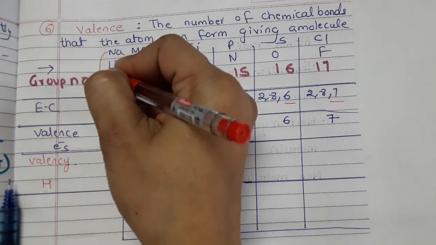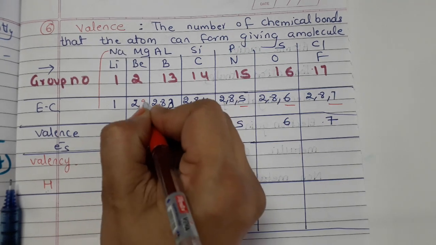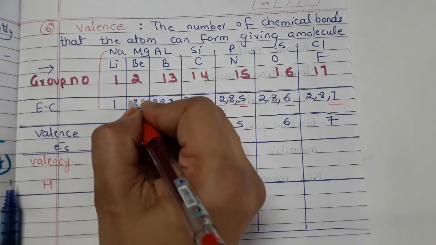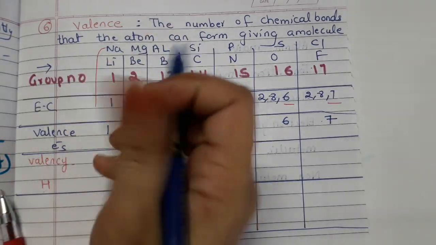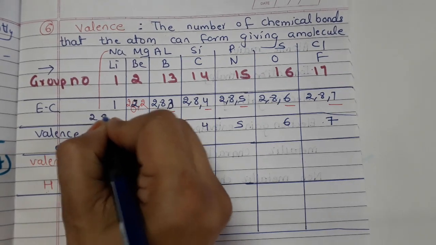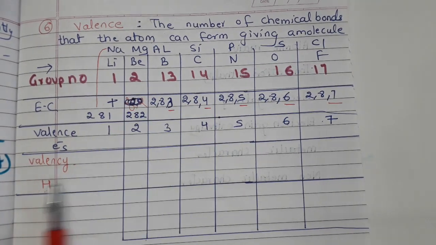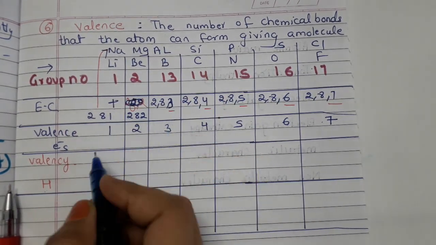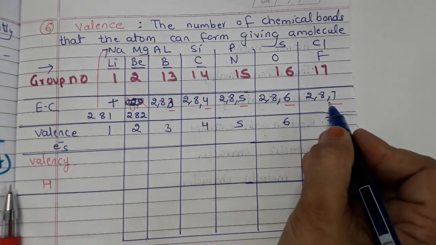So I'll write here sodium 2, 8, 1 and magnesium 2, 8, 2. Because I am taking the example of sodium, I have made some changes in this. If you take the example of lithium, beryllium, carbon, then this will change.